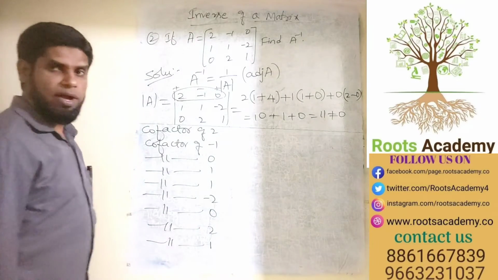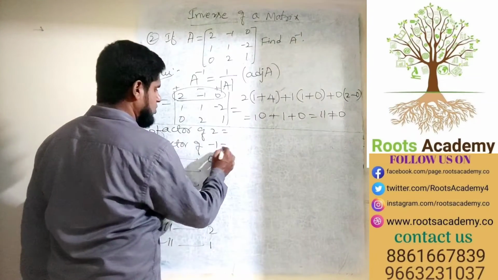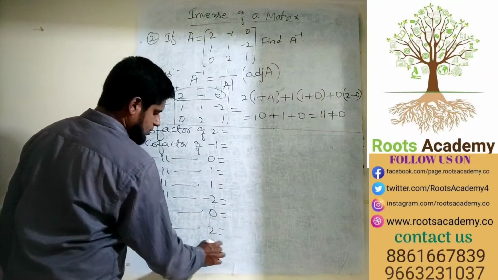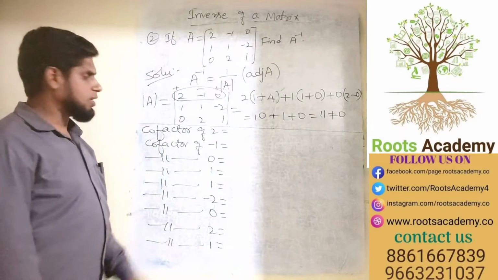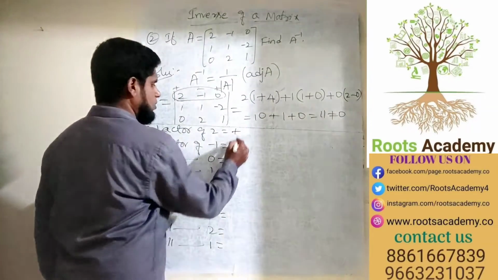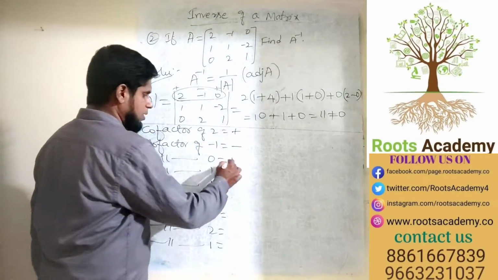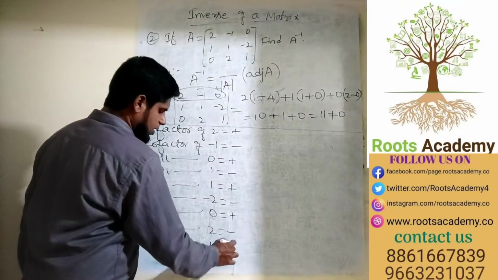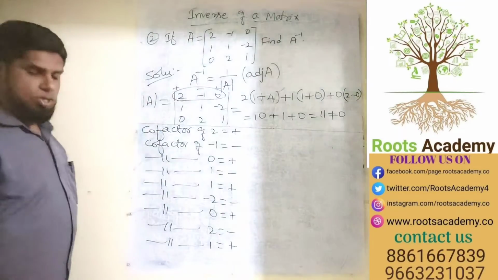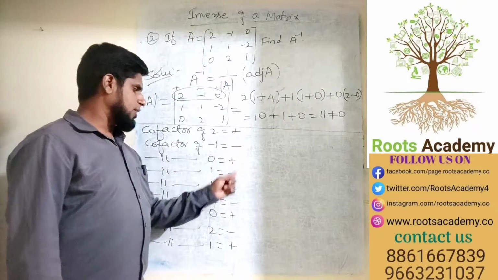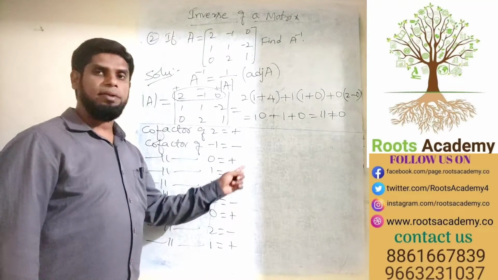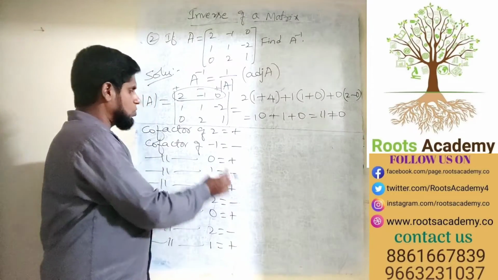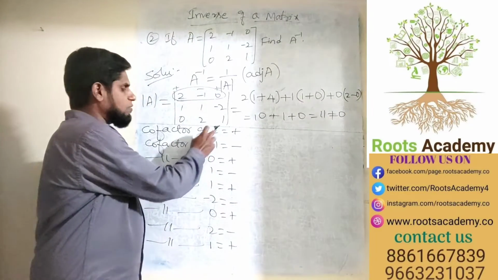Student, I have taken all the elements for cofactors, so let me write the hidden signs of these 9 elements. The hidden signs are plus, minus, plus, minus, plus, minus, plus, minus, plus. If I do not write these hidden signs, then I will get wrong signs, so I must multiply these hidden signs to the expansion of these elements.